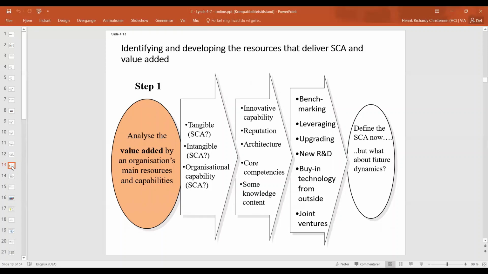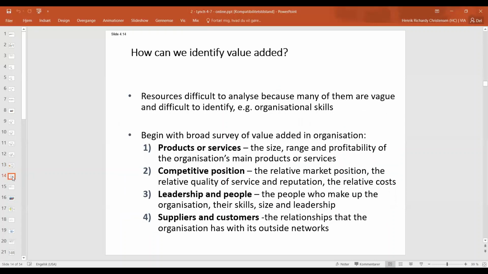Now, we have this division. We also find that in Lynch, and he would say we would have to start by making an overall analysis of the organization's main resources and capabilities. And how do we do that? Well, his suggestion is, and we see that here, that we simply start out by having a broad survey of our products and our services.